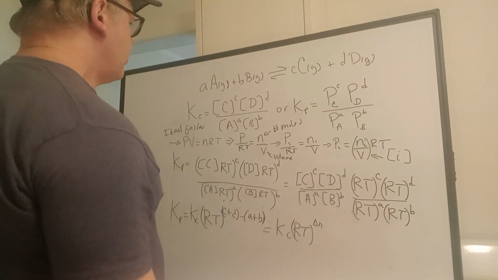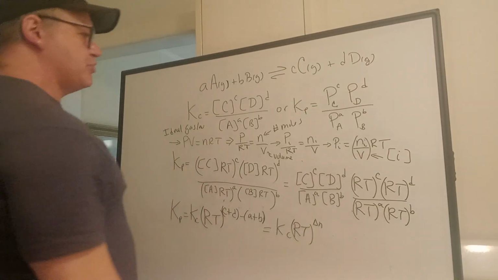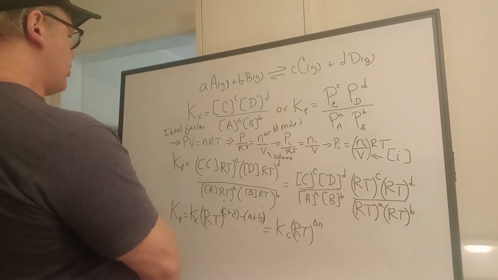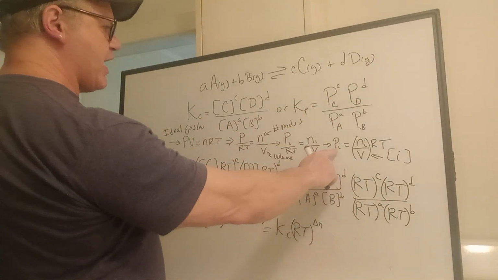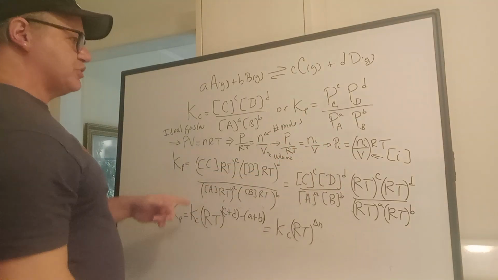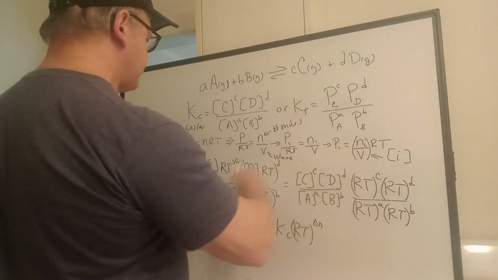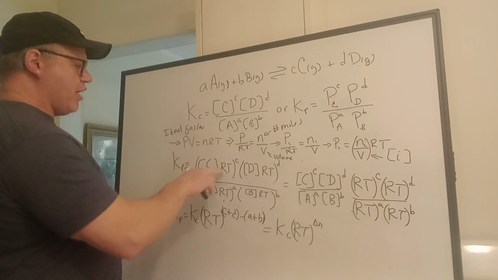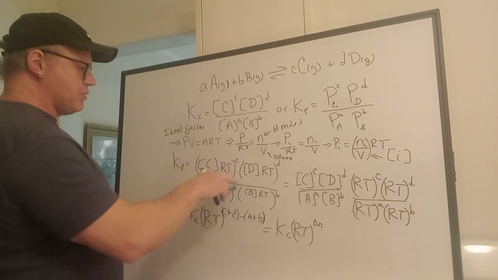And so what we can do then is substitute into the Kp expression. Now we have these equations in terms of the pressures that we can substitute in concentrations times RT, and we are raising them to a power, which is going to be the stoichiometric coefficient.